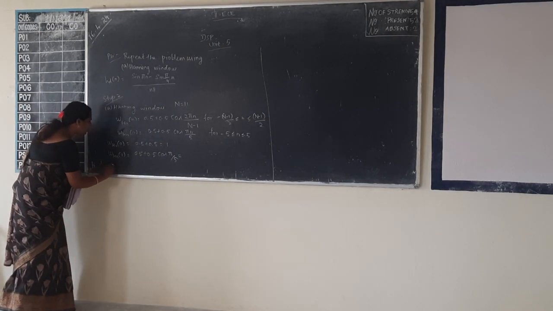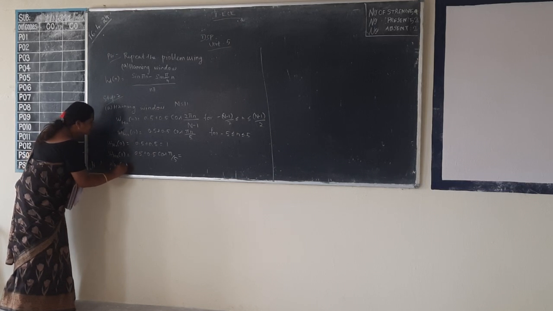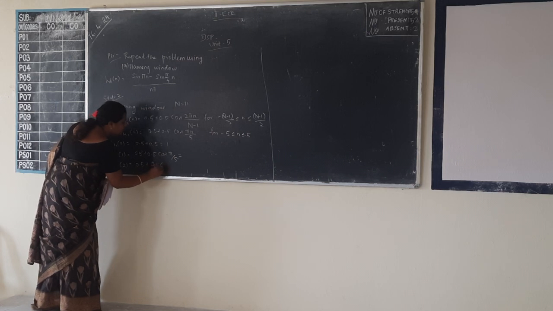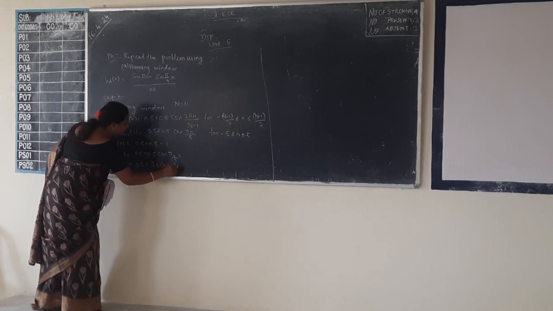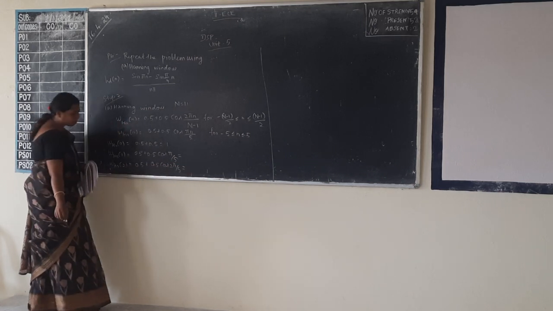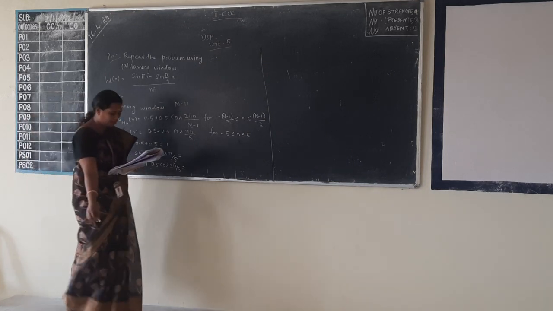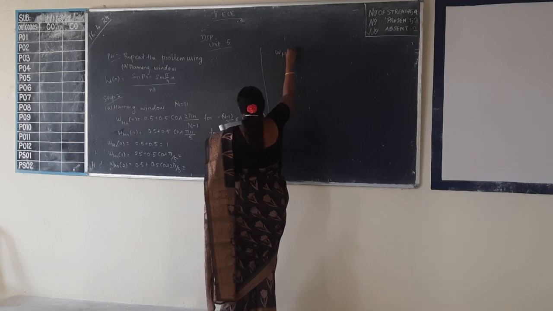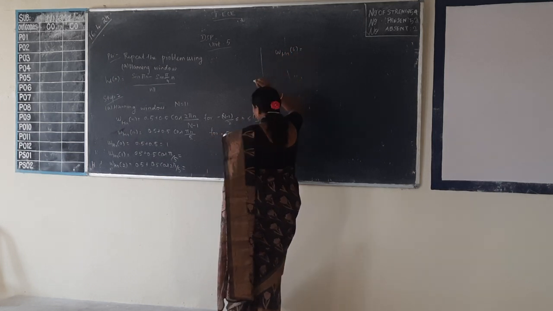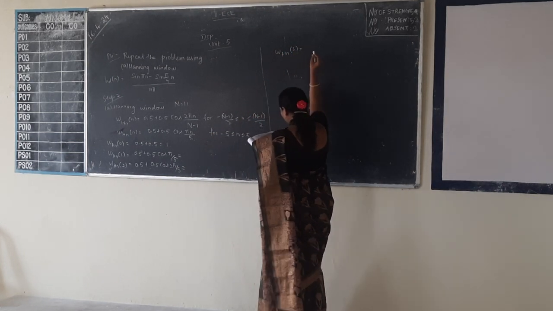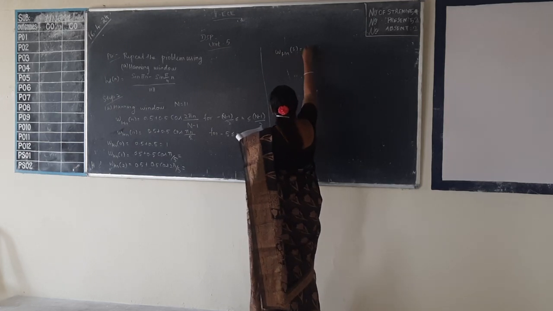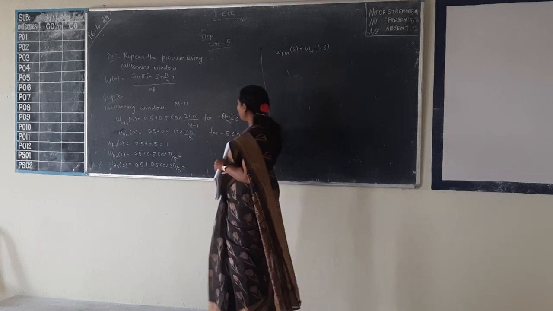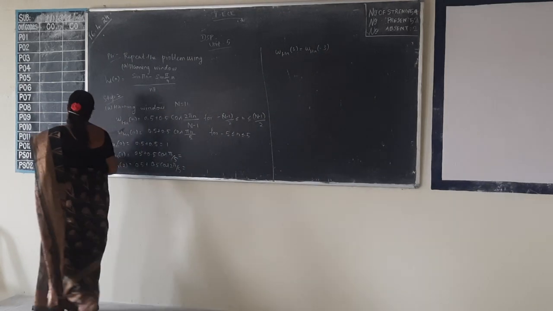And w_Hn of 2 is, so everyone use the calculator and tell me the answer. Cos of 2 pi by 5. And we have assumed the symmetric property, so everywhere it is equal for minus 1 also.